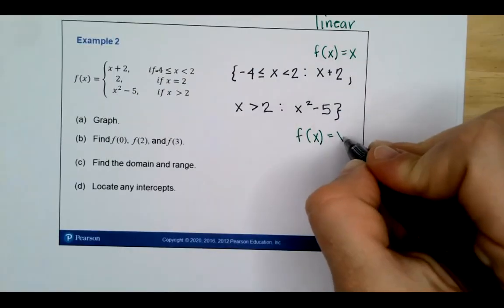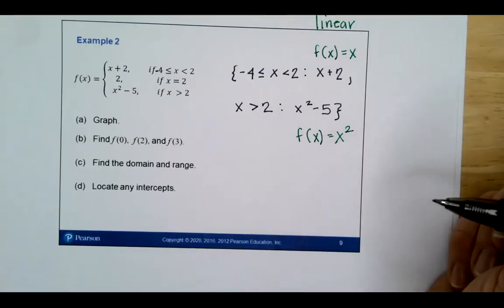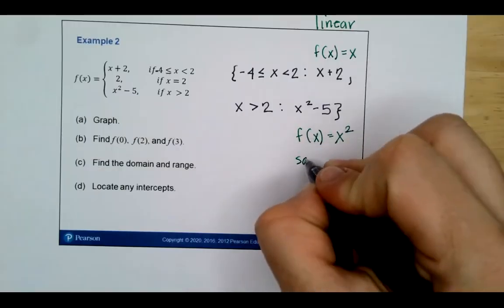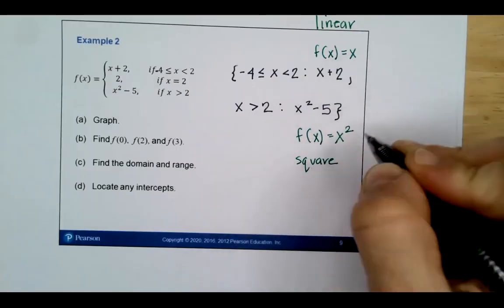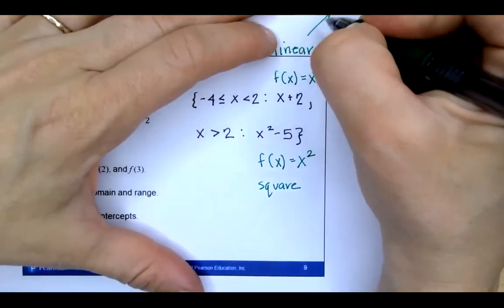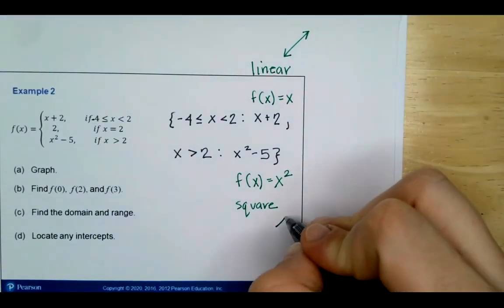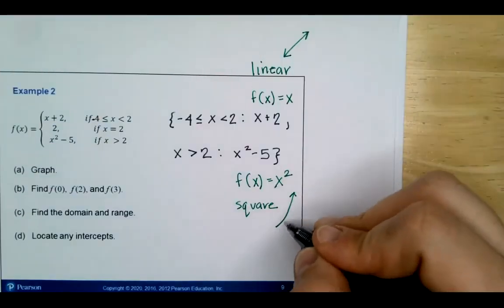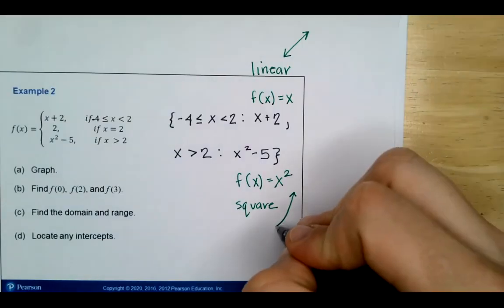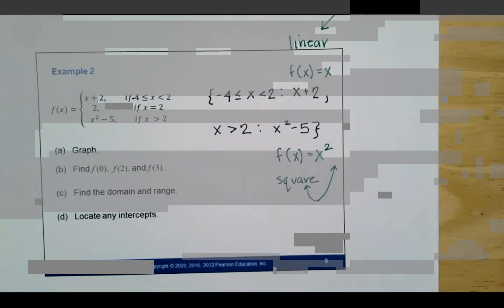X squared, right? So that's a square function. So this is just x plus 2, so it's going to look like this. But this is a square function, so it's going to look like this. It's going to have a little curve to it, and it's going to be a parabola. I guess technically it could be both sides of it, right? All right, so that's what you should expect to see.